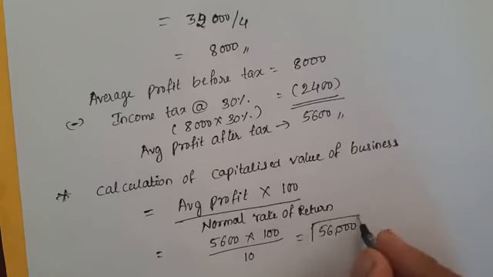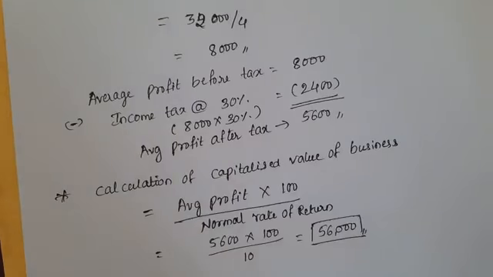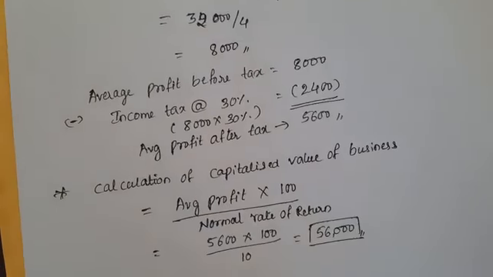This is the capitalized value of business, rupees 56,000. This is the second step.